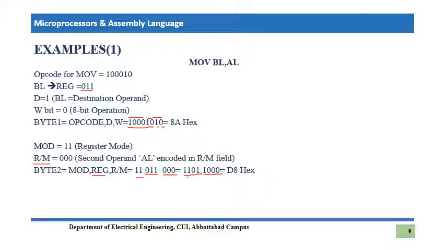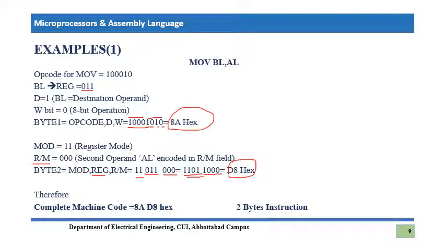So 1101 means D, and 1000 means 8. So that was our first byte and that is our second byte. So our complete machine code will be 8A D8 hex. So again it is a 2-byte instruction. I hope this is clear.